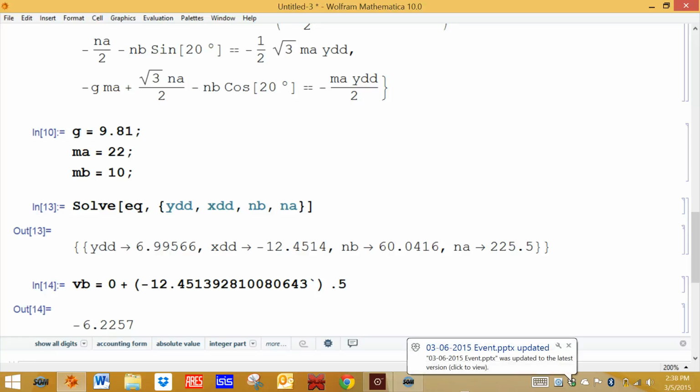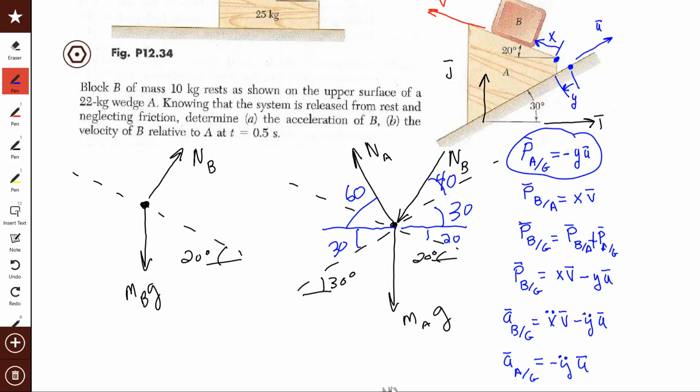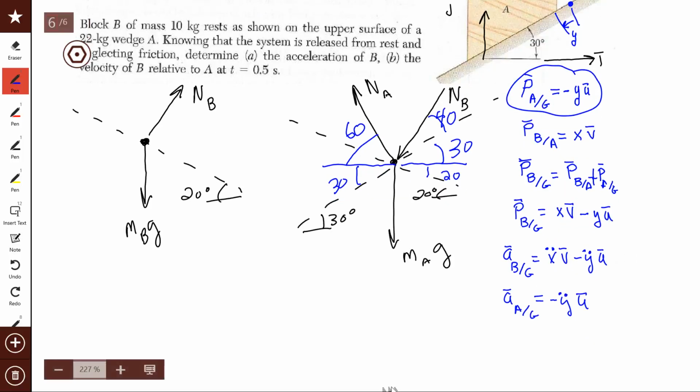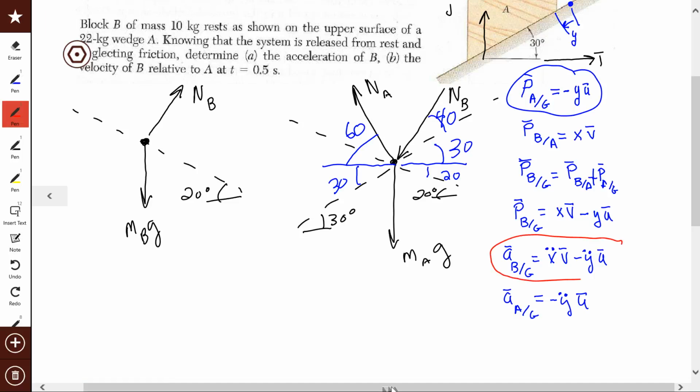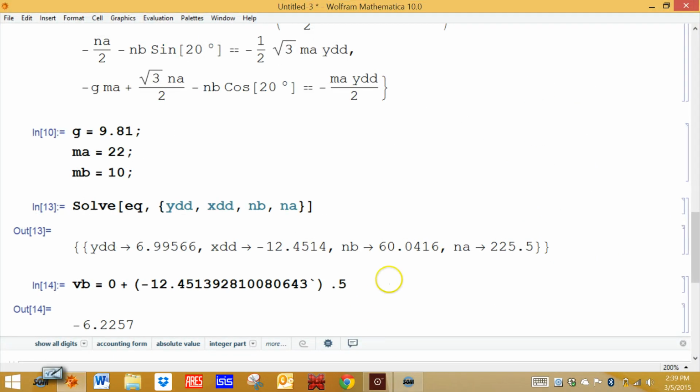So the relative velocity is a -6. If you look back at the figure that I drew, the x dot appears to be a -6, so it's getting smaller, so B is actually sliding down the incline, as you would expect. The total acceleration of B is going to be this expression right here. So you can plug that into your Mathematica.